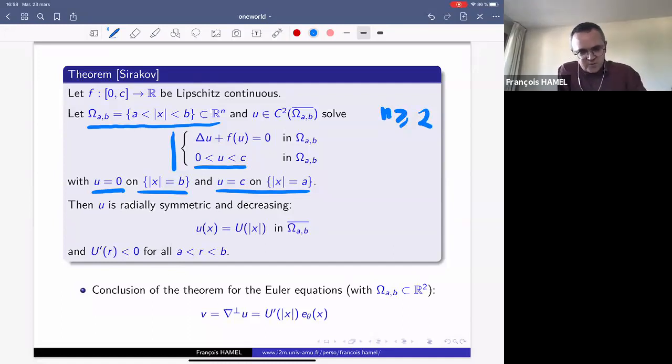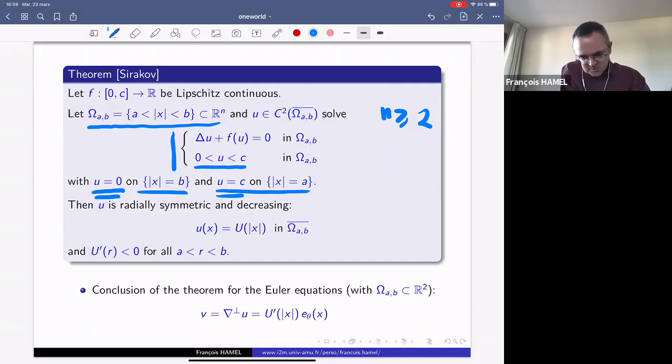Otherwise, the method of Gidas-Ni-Nirenberg, based on the moving plane method of Alexandrov and Serrin, would only get a partial result, partial monotony in any direction, but for radius larger than half of the radius. Here, because there are two different conditions on the inner and outer spheres, we get the whole symmetry. So this is a theorem of Boyan-Sirakoff.